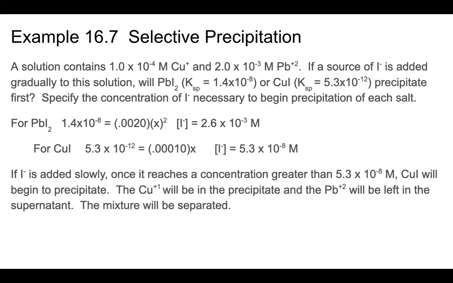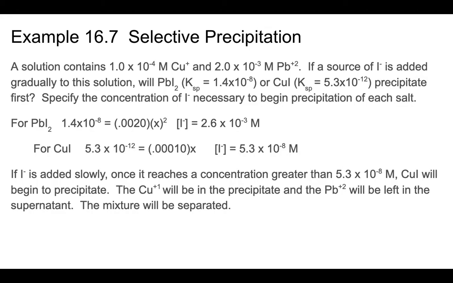Likewise, doing the same thing for copper iodide, copper 1 iodide, I get that the iodide is 5.3 times 10 minus 8. So in other words, as I slowly bring up the molarity of iodide, when it reaches 5.3 times 10 minus 8 moles per liter and goes beyond that, the copper plus 1 iodide begins to precipitate.